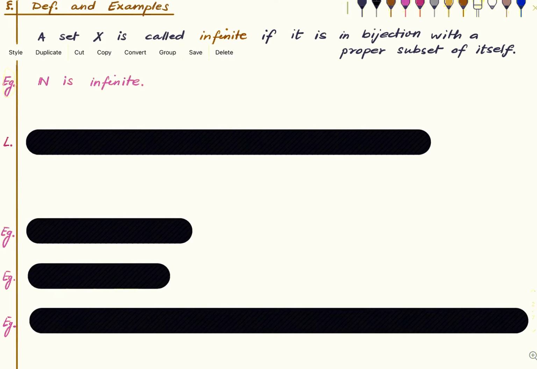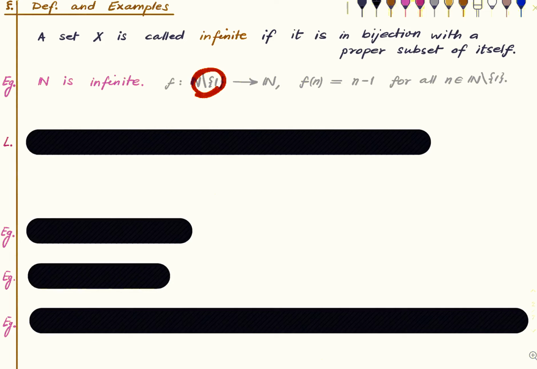Why is that? The set of natural numbers is your poster child for infinite sets, as we will see. So how do we show this? Just consider this map. How do we define it? Just send n to n minus 1.